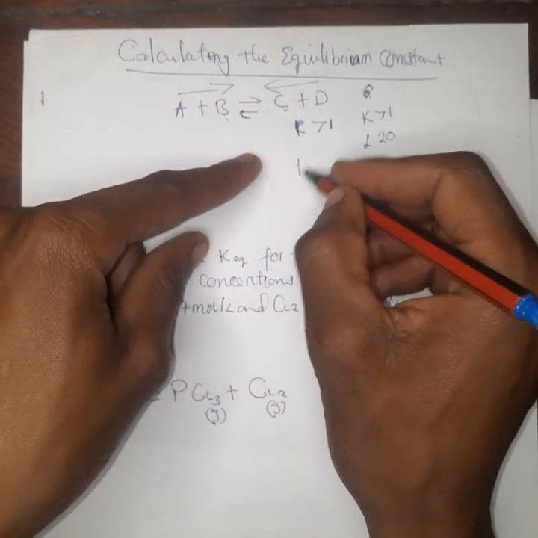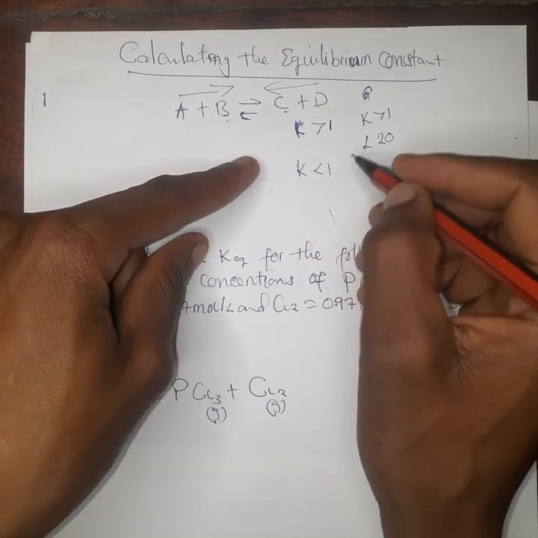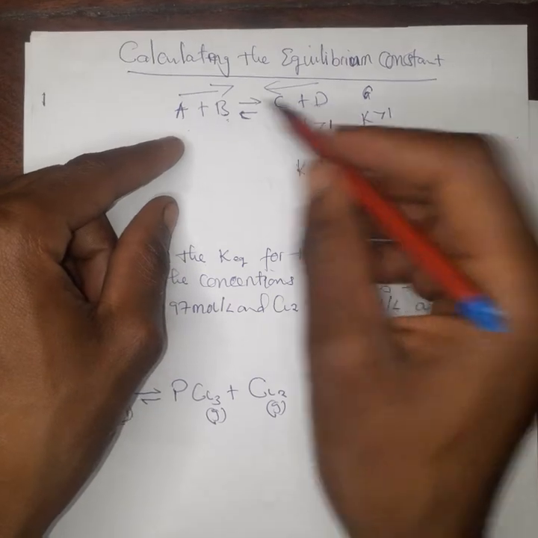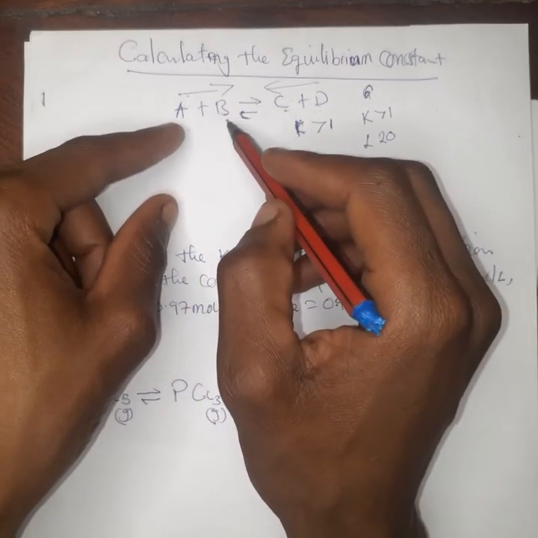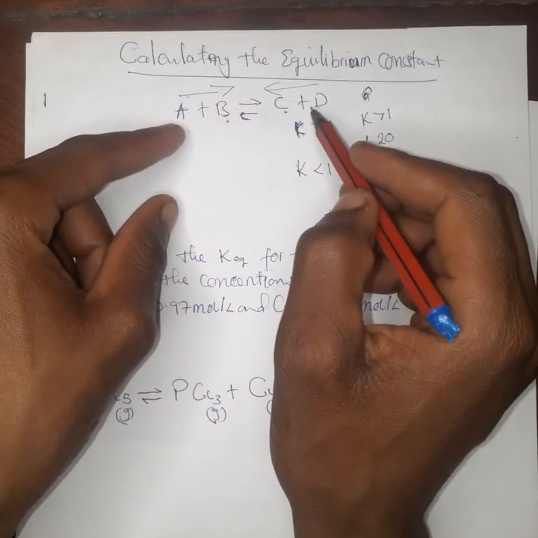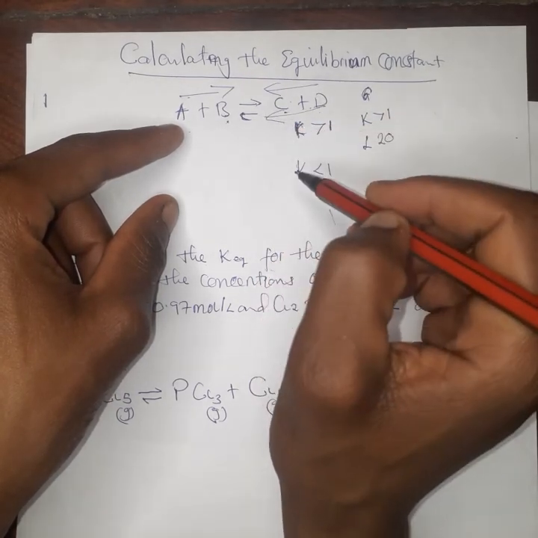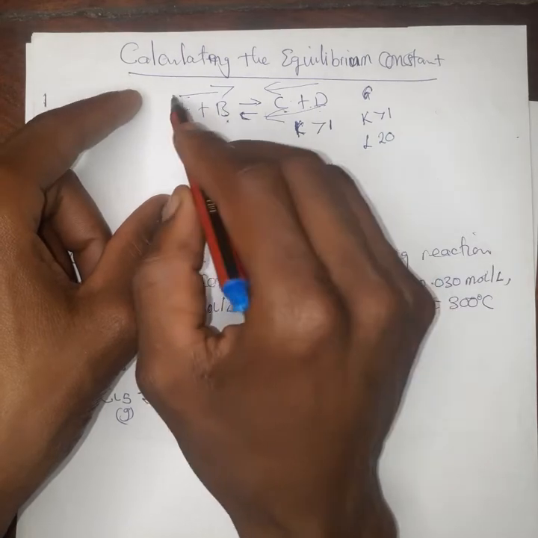Now, when the constant is less than 1, it means that the amount of reactants will be greater than the amount of the product, which means that the reaction is going this side. In the previous one, the reaction was going this side.